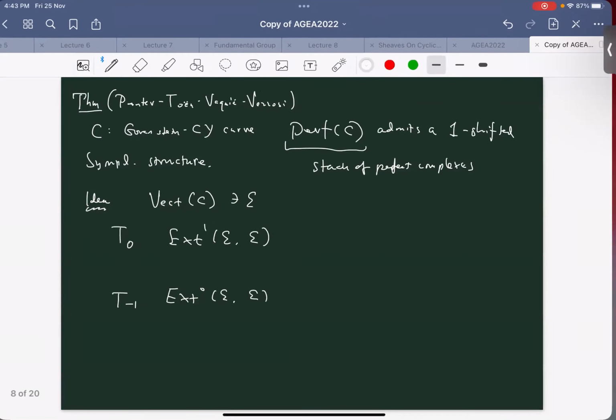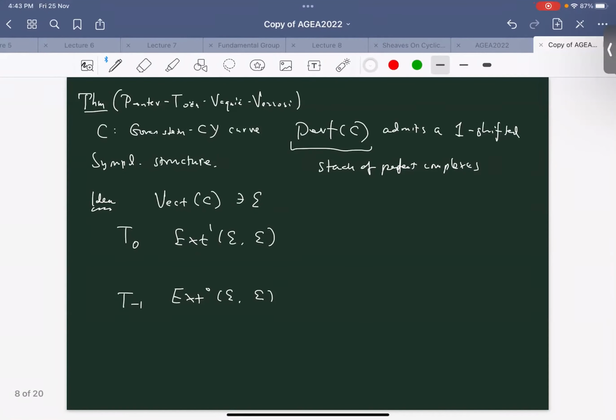Remember, a symplectic form means you need to have a map from tangent to cotangent. The map is exactly given by the so-called Serre duality map. First I take the Calabi-Yau structure, and then I apply the Serre duality. Same thing for the other one.